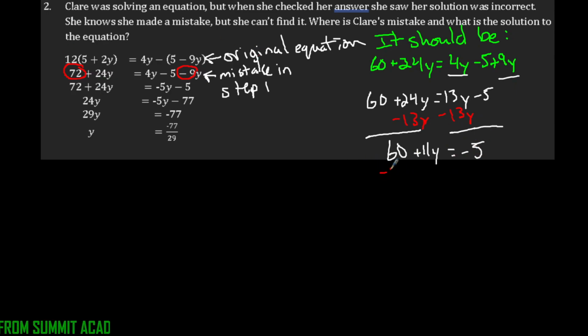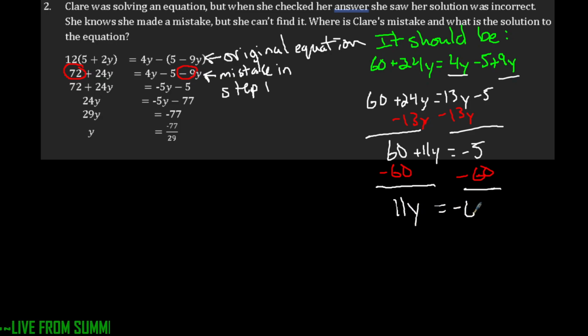Get those constants on one side, so I need to subtract 60 from both sides. So now I can say this is going to be equal to, there we go, I have 11y equals -65. And the last step is always divide by that coefficient.